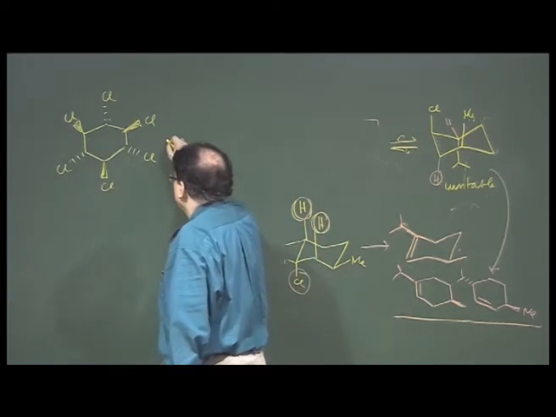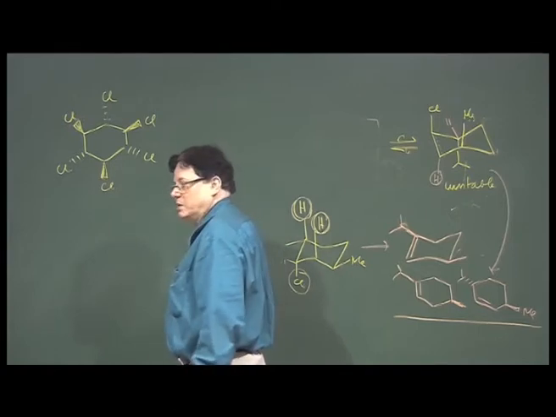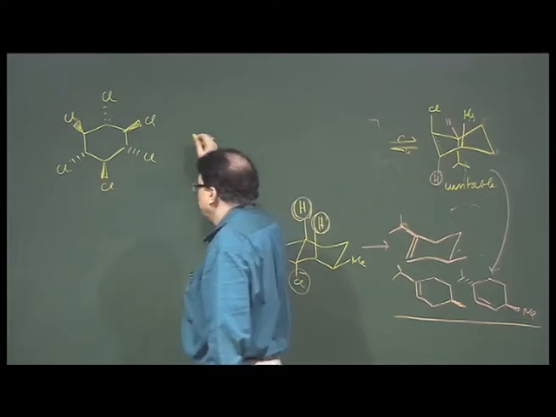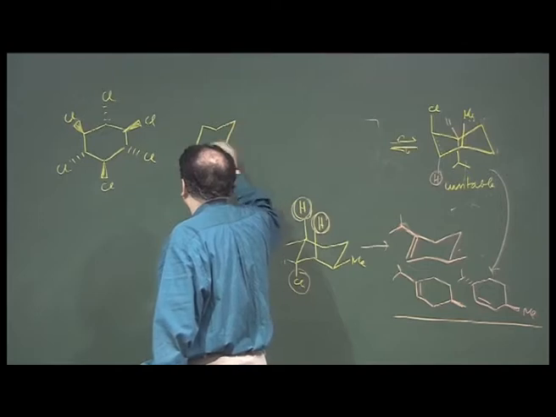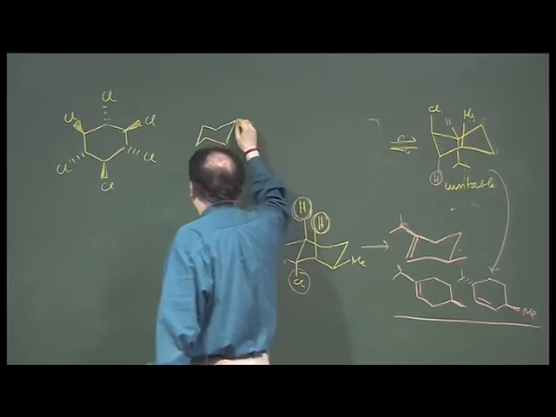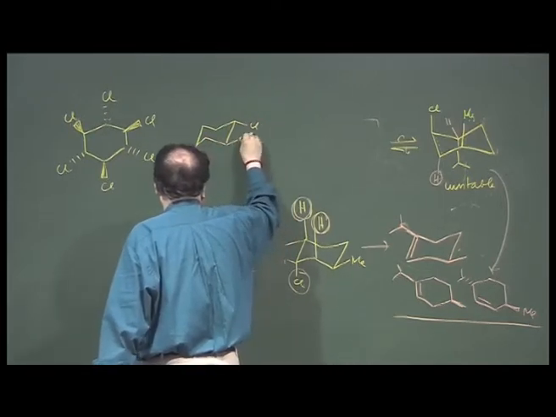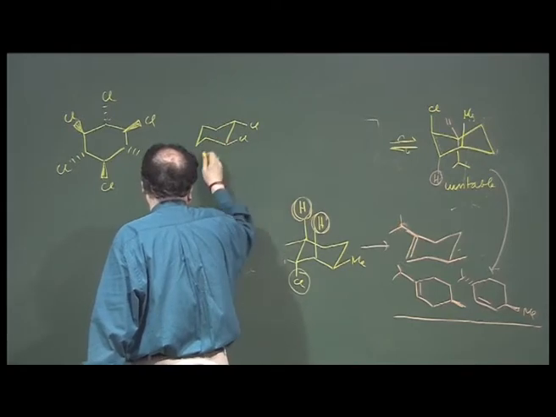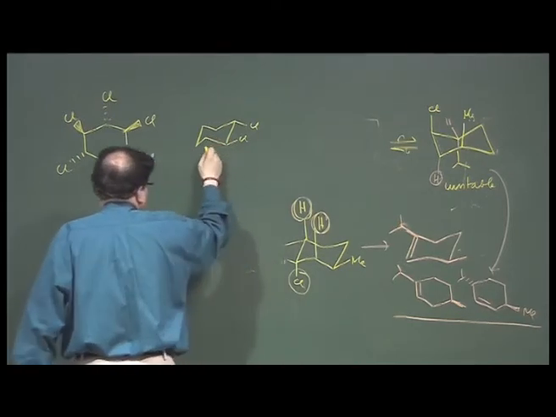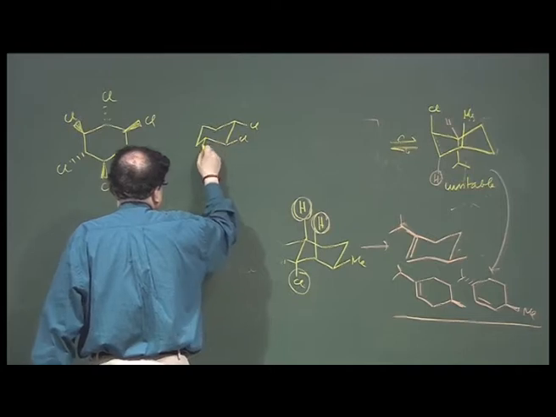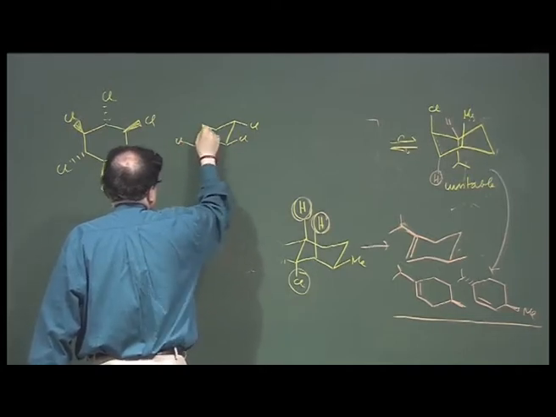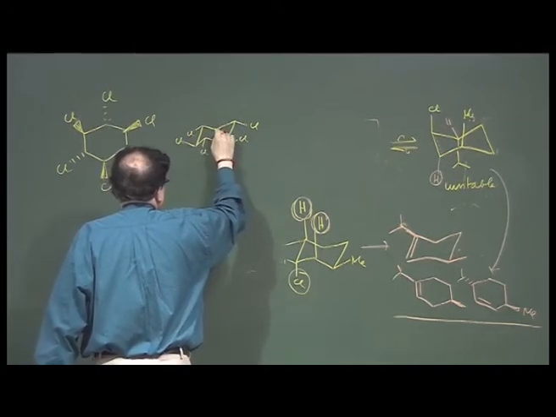This will never undergo dehydrohalogenation. Why? Because if you draw the preferred conformation, you have alternate alpha and beta chlorines, but the interesting part is that all the chlorines should be in the equatorial position.